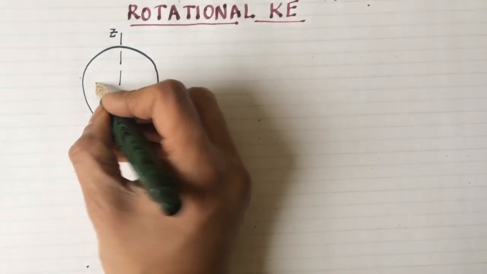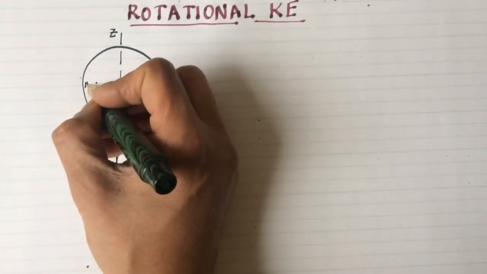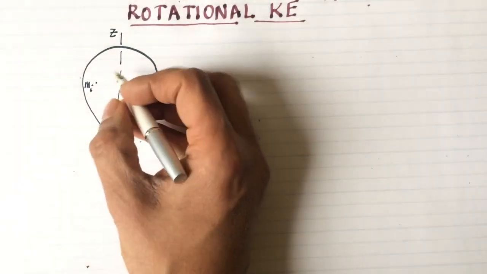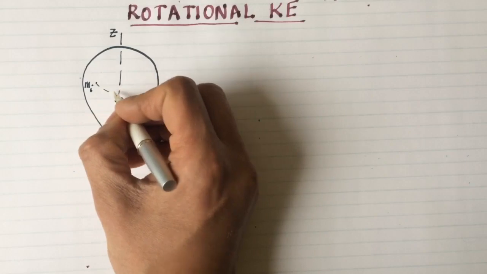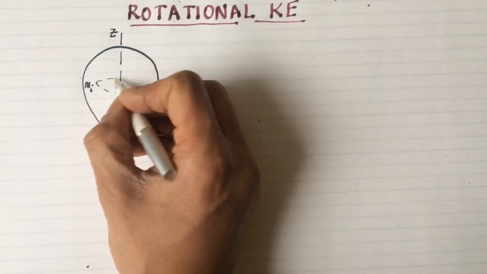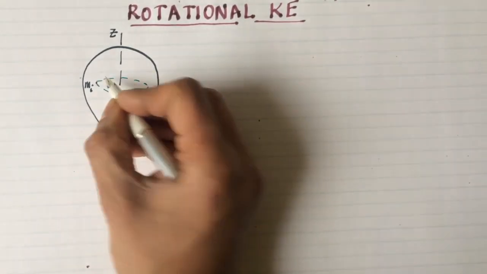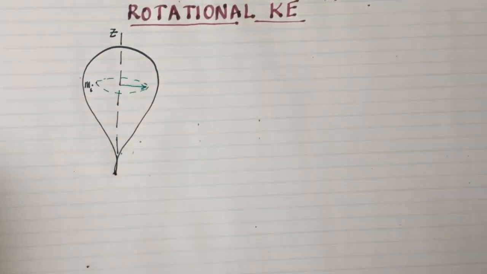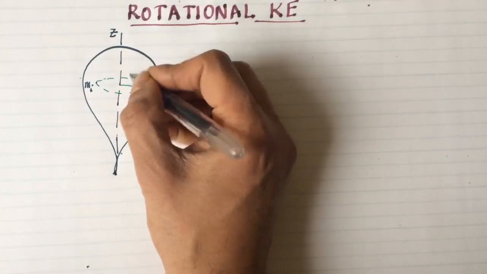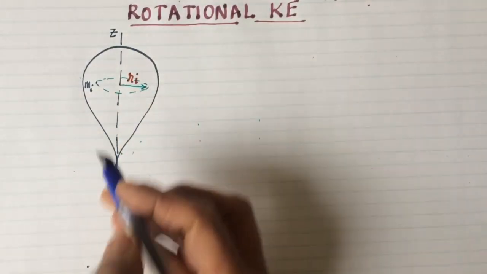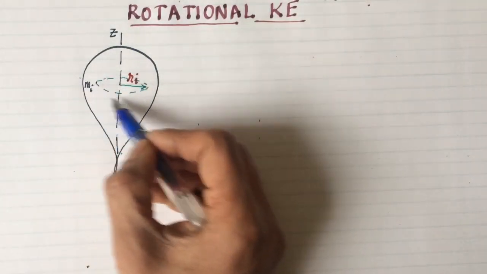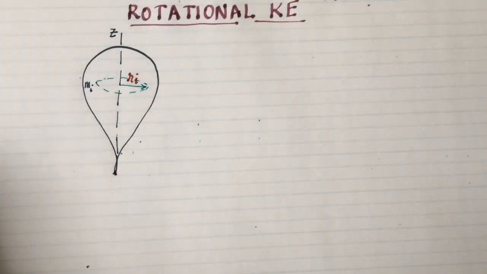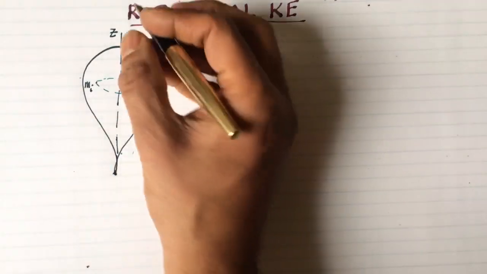So if I take a mass point and I call that mass point m sub i and look at its trajectory or the path it takes as this spins around, that path is going to be a little circle, and let's call the radius of that circle r sub i.